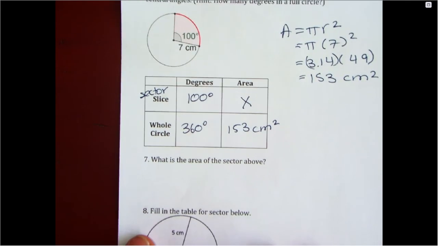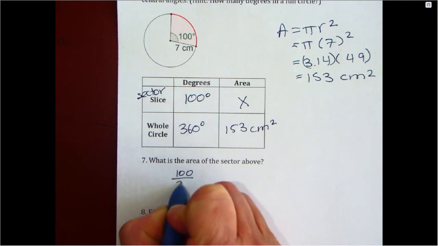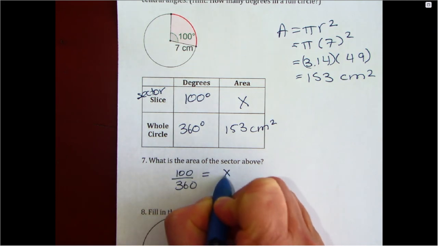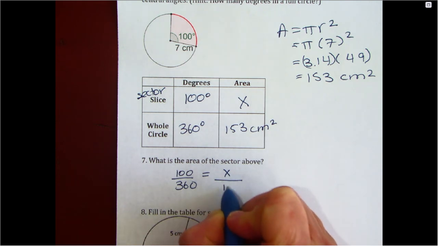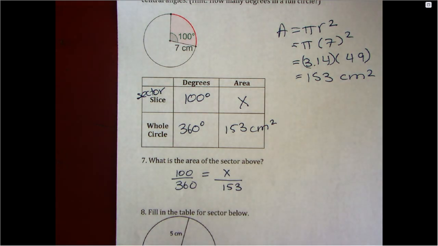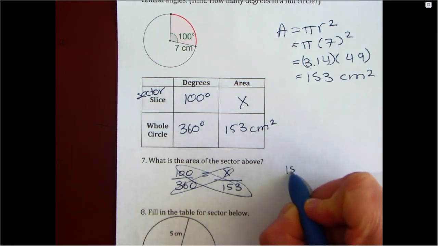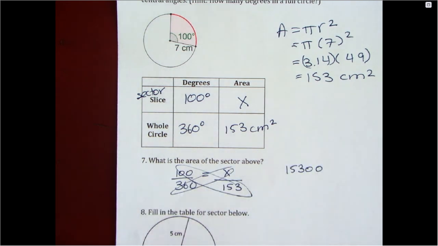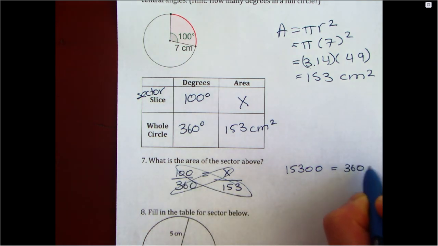Now it says, what is the area of the sector above? We're going to create a proportion, just like with the slices. 100 over 360 is equal to x over 153. We're going to cross multiply. I'm going to get 15300, because it's multiplying by 100, I just add 2 zeros, is equal to 360x.